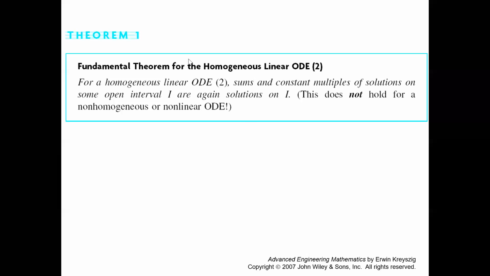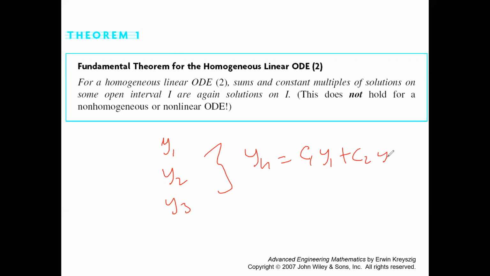So for example, if you have y1 as your solution, y2 as your solution, and y3, then your homogeneous solution is also a combination of this. So you have C1 Y1 plus C2 Y2 plus C3 Y3, also a solution. Okay, so it's a combination.